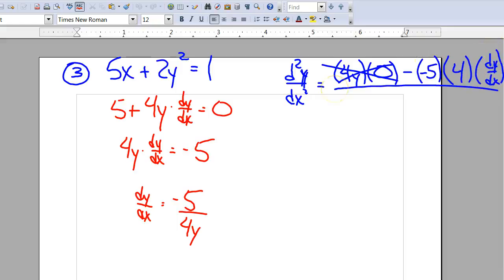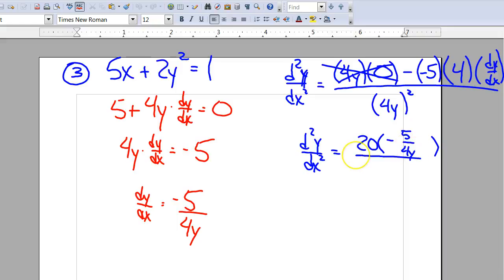All over the bottom squared, so all over 4y squared. Okay, so that's gone. We have 2 negative signs, which makes it a positive for now. So it's 20 times dy/dx, but what's dy/dx? It's negative 5 over 4y, all over 4y squared.